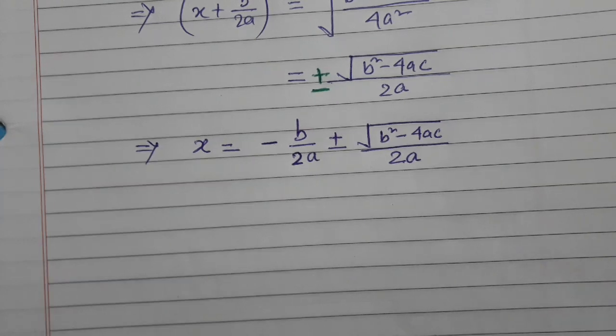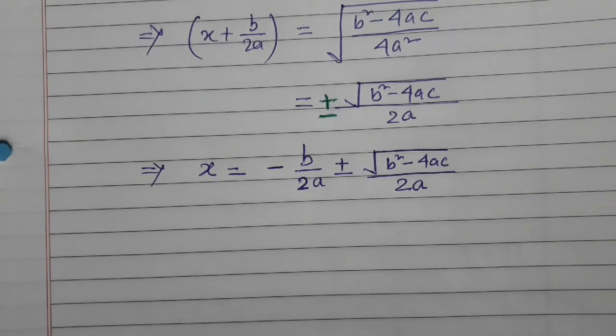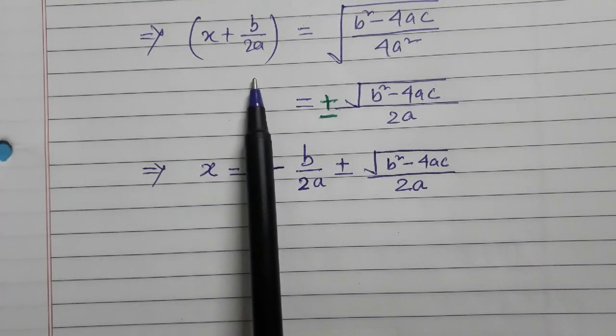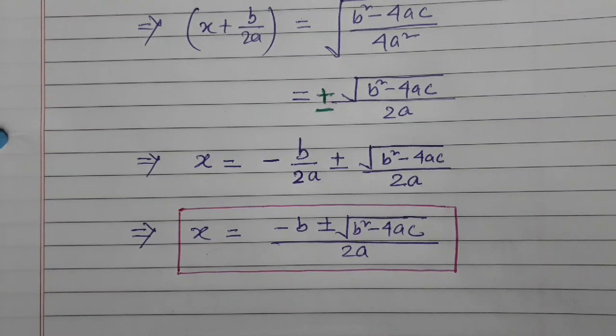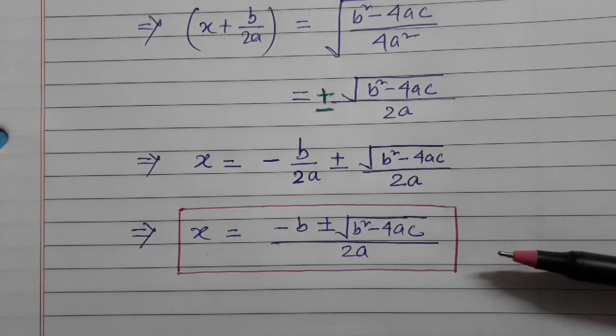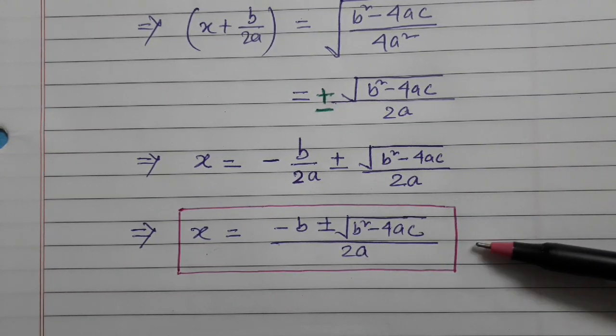Hence we can write x equals to minus b by 2a plus minus root over of b square minus 4ac by 2a. I brought b by 2a to the right hand side. Hence we got the formula for solving a quadratic equation, and this is also known as Sridhar-Acharya formula.